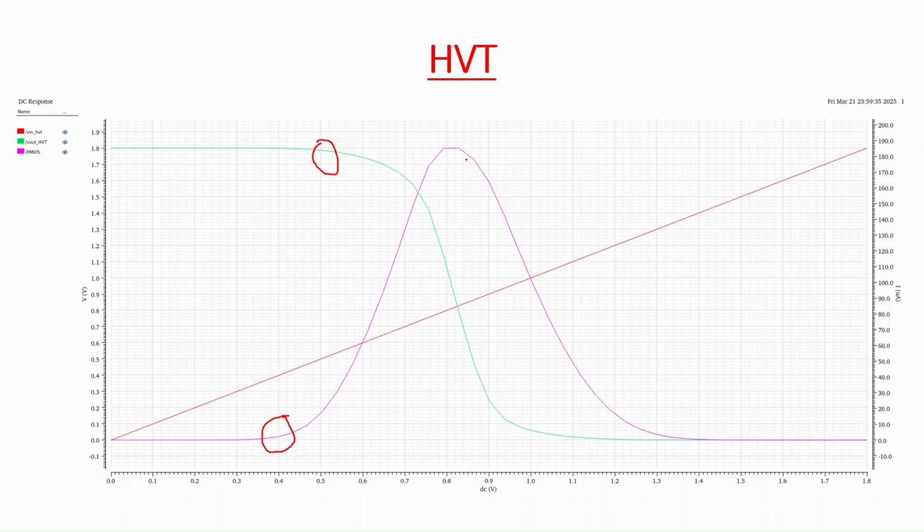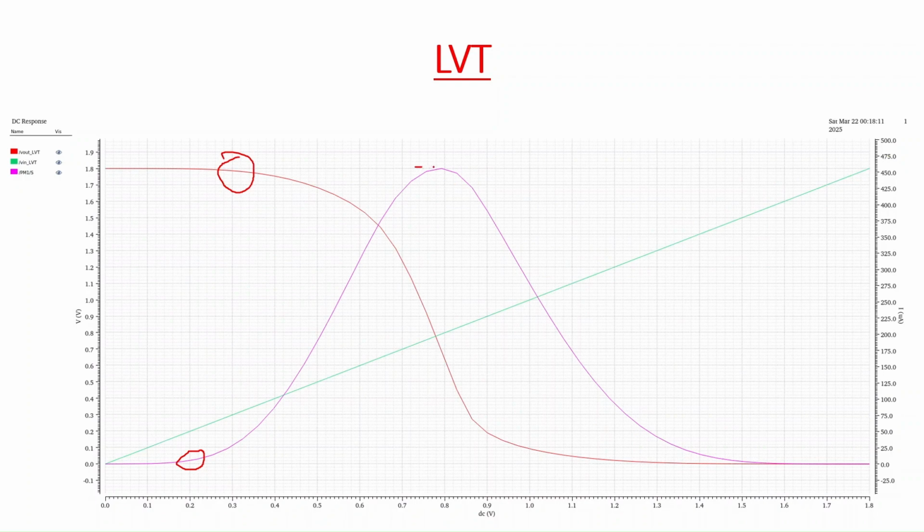Also, for the high threshold voltage device the maximum current is around 180 microampere, whereas for the low threshold voltage device the maximum current is 450 microampere. So you can see that there is a jump of almost 3 times the current in the low threshold voltage device. That is why there is more leakage in the low threshold voltage device.